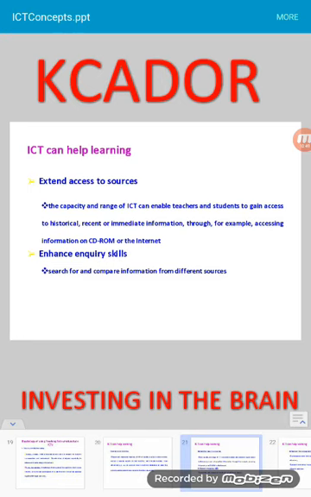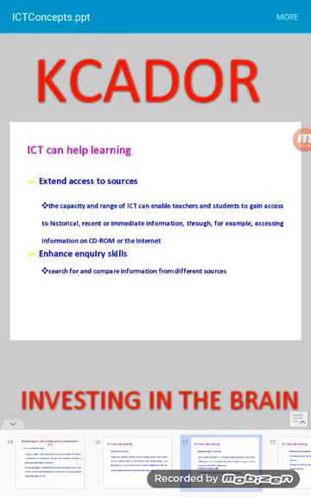ICT can help learning, extend access to sources. That is, the capacity and range of ICT can help teachers and students gain access to historical, recent, immediate information, for example, accessing information on CD-ROM or the internet, enhancing wider skills, that is, search for and comprehend information from different sources.